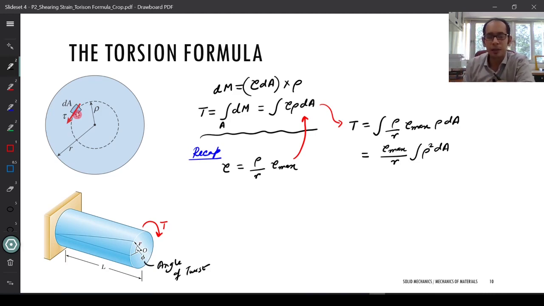Does this ring a bell? The last expression, rho square dA. Think for a second. What was rho square dA? You have studied this in your +2. Rho square dA is nothing but the polar moment of inertia, right?